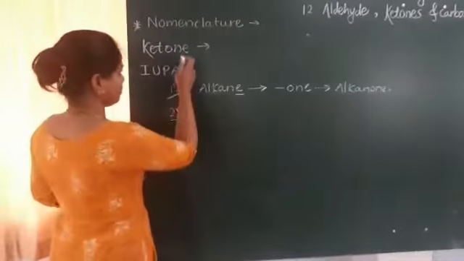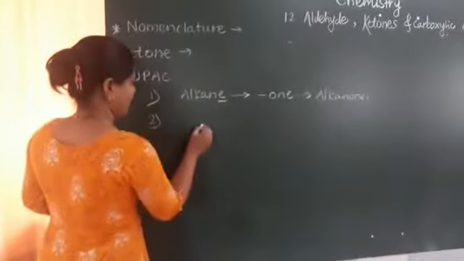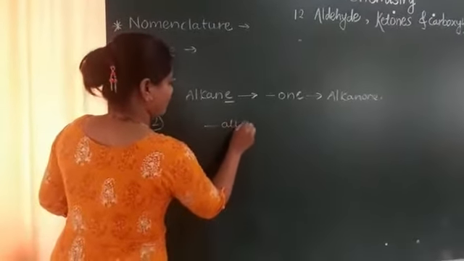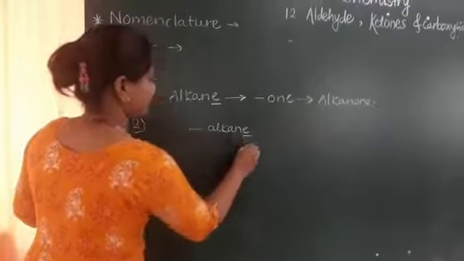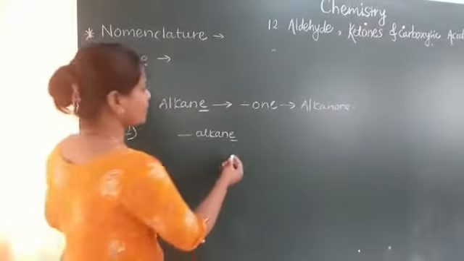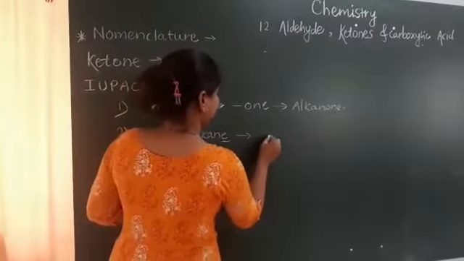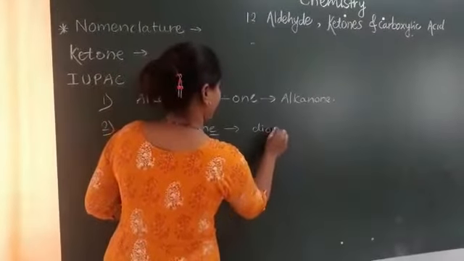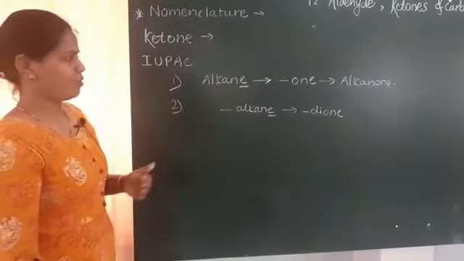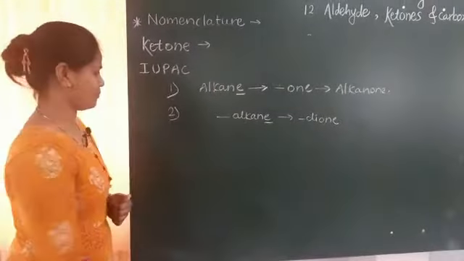Second rule, when 2 carbonyl groups of ketone are attached, in that case the E is retained as it is from the alkane and the suffix dione is added to the name of the parent ketone.